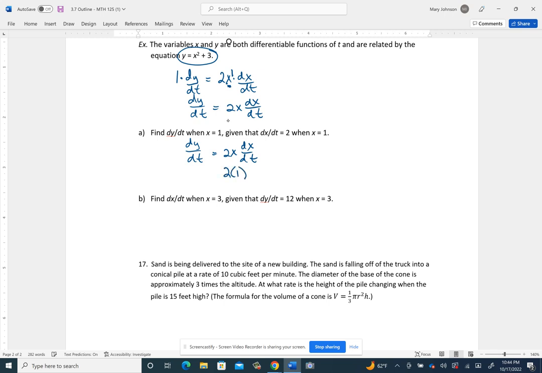We can replace it with 1, and we know dx/dt is 2, so we can replace it with 2. So we plug both of those in, and that formula then tells us that dy/dt would be 4, and that would be your answer. On this one, we start with the same formula.